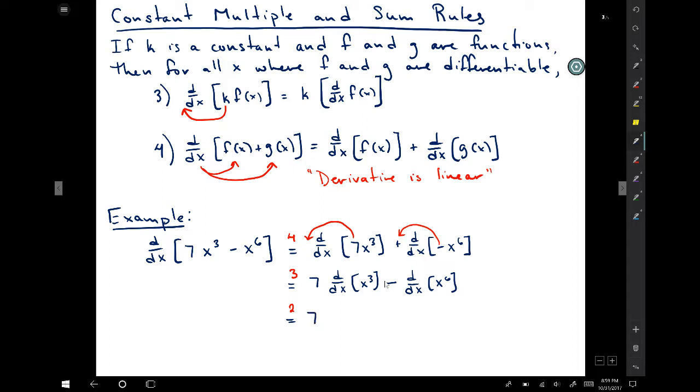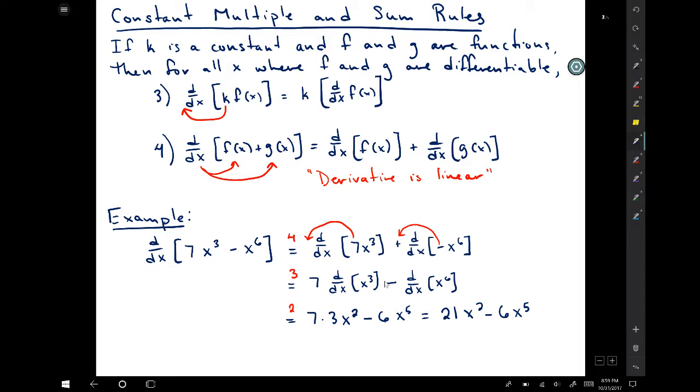And when I take the derivative of x cubed, I pull down the 3, and I subtract 1 from the exponent. And now when I take the derivative of x to the 6th, I pull the 6 down, and I subtract 1 from the exponent. And so when I simplify and I actually do this multiplication, I end up getting 21 x squared minus 6 x to the 5th.